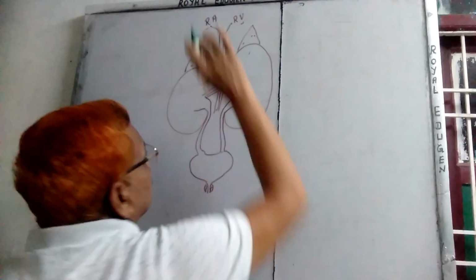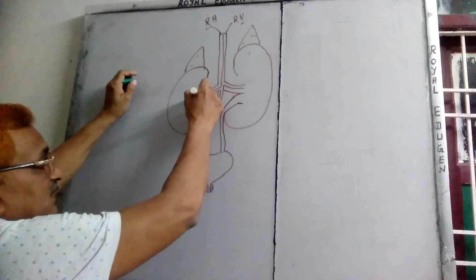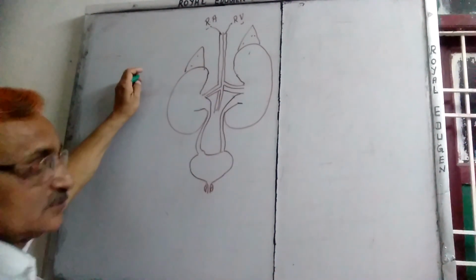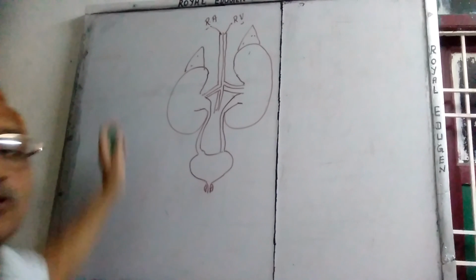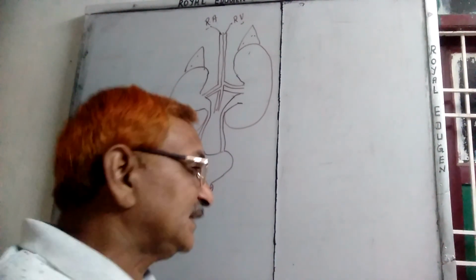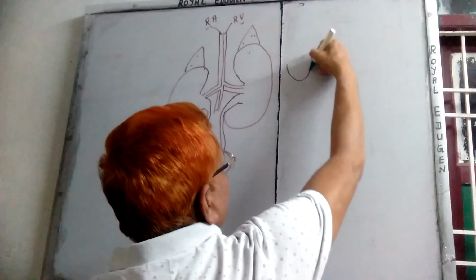Renal refers to the kidney, and inside the kidney the unit of excretion is the nephron. So you may also be asked to draw the diagram of the nephron. I am just drawing that to help you understand. It has a Bowman capsule.